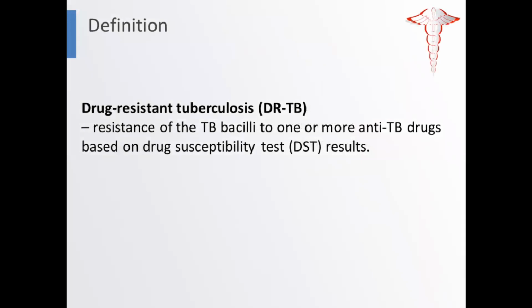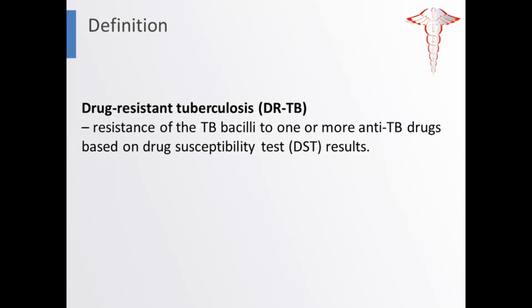But I just want to highlight these definitions of TB. We have drug-resistant tuberculosis, which is the resistance of TB bacilli to one or more anti-TB drugs. So basically, if there is resistance to any first-line drug or any TB treatment, it is drug-resistant tuberculosis.